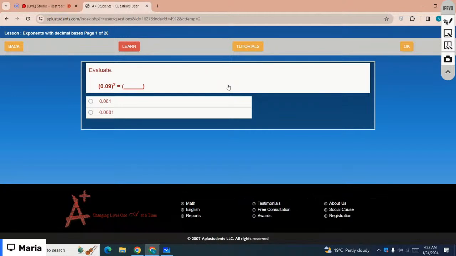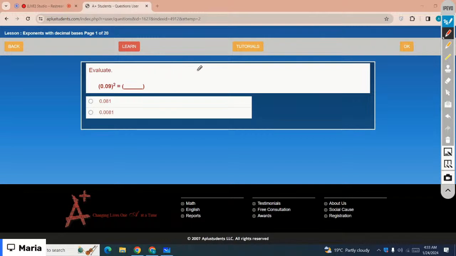You have 0.09 exponent 2, right? That means you can do 9 times 9, that is 81. You have two decimal places here, that means the answer must have four decimal places, right? The number has two decimal places, you have to multiply it two times, right? So 2 plus 2 makes 4.